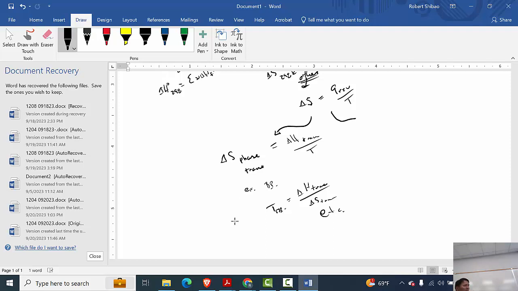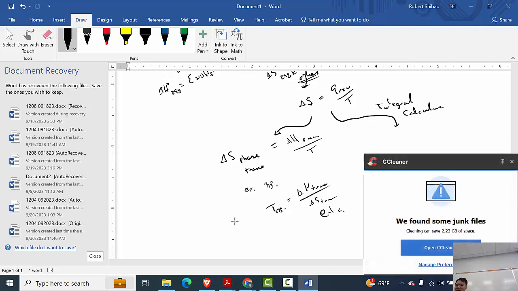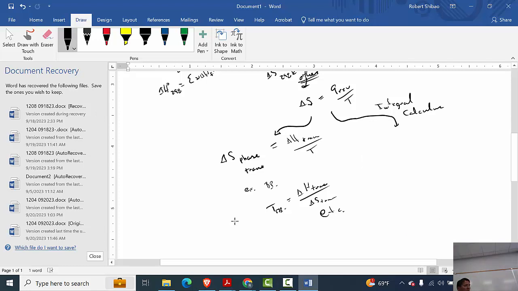Some others involve some calculus, called integral calculus. The derivation's kind of beyond the scope. The book does some work trying to derive these. So we have delta S in a phase transition.